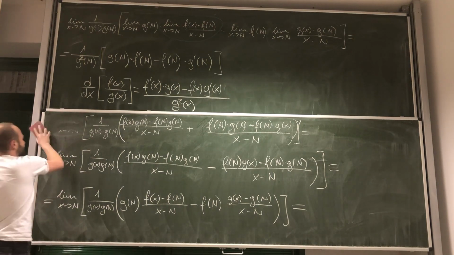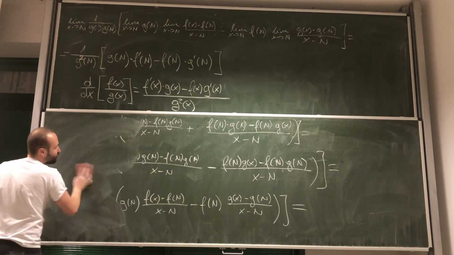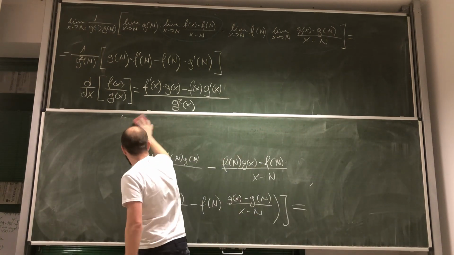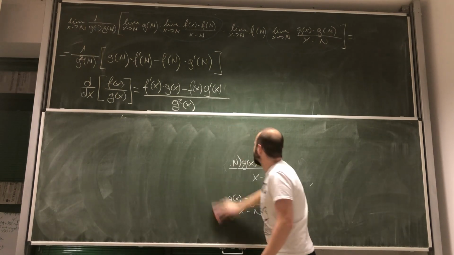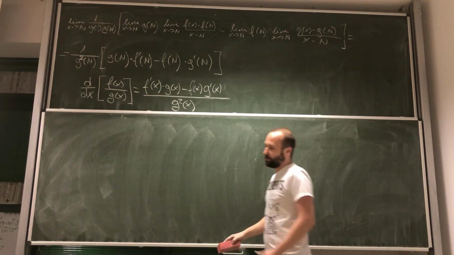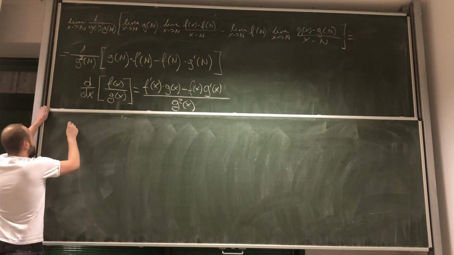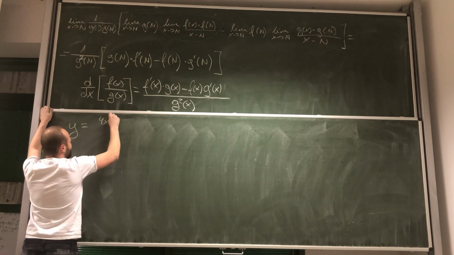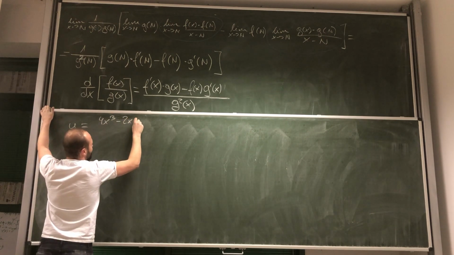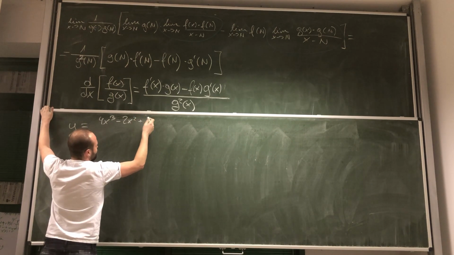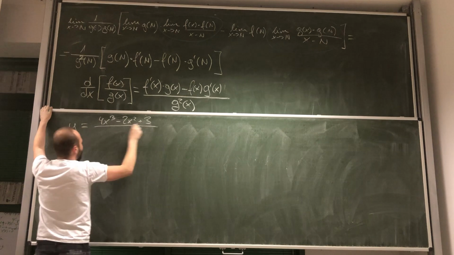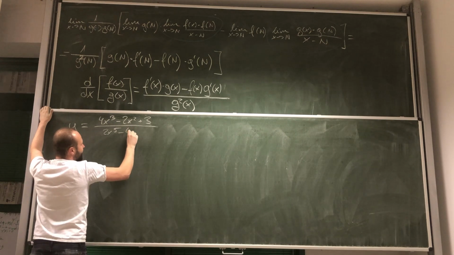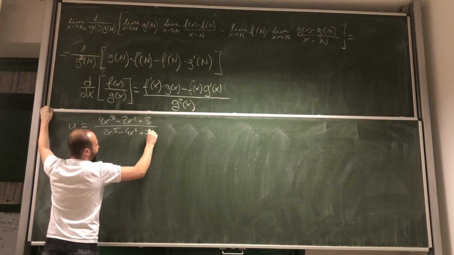Now let's do a couple of examples to work out how this rule works in practice, because I know that this derivation was very lengthy and unpleasant. So now let's see how easy it is to use this rule in practice. Okay, so let's just say that y is equal to (4x to the power of 3 minus 2x squared plus 3) divided by (2x to the power of 5 minus 3x to the power of 4 plus 7x).